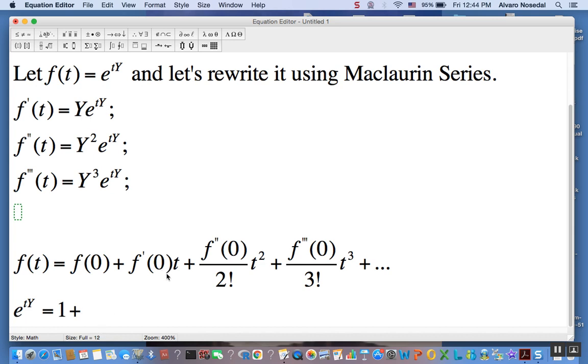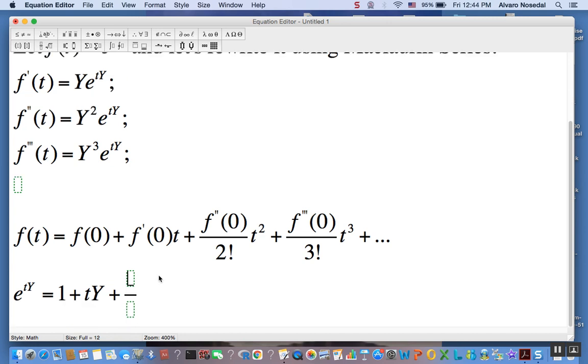So t times y. For f double prime at 0, we end up only with that constant, y squared, so it's t squared times y squared divided by 2 factorial.